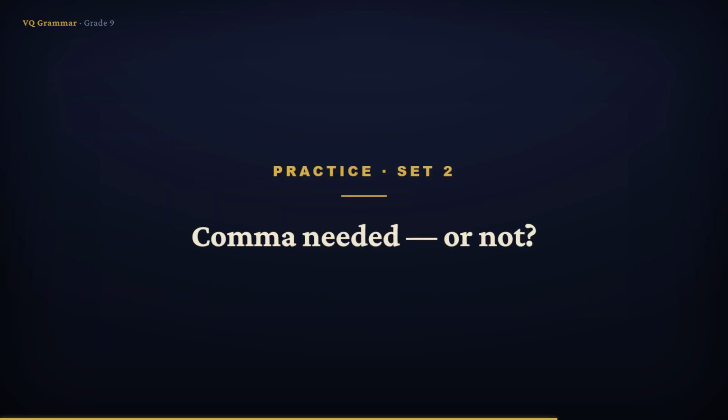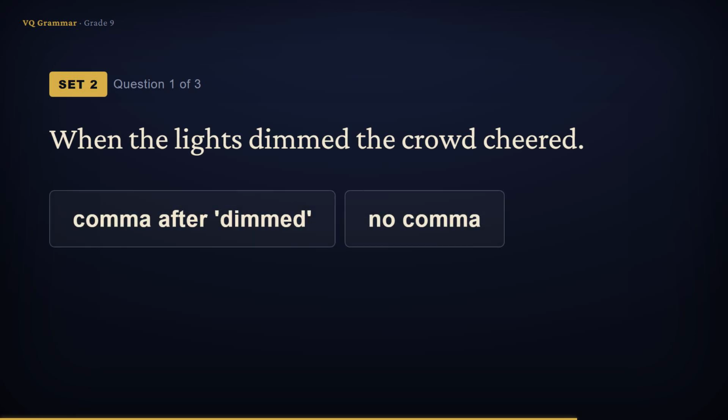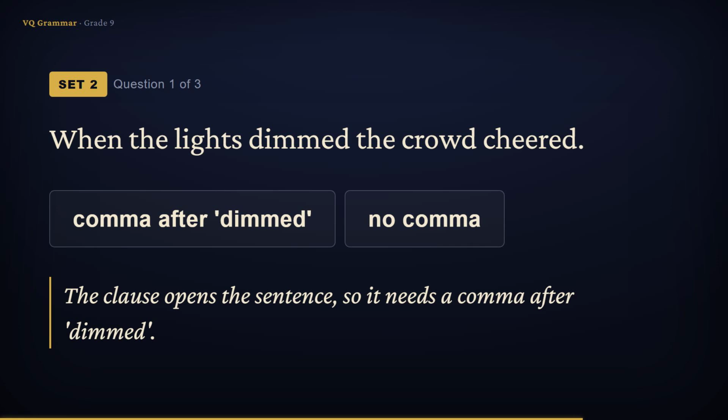This second set is all about the comma rule and one tricky elliptical clause. Read where each adverb clause sits and decide what the punctuation should be. Pause and try each before I answer. When the lights dimmed, the crowd cheered. The adverb clause, when the lights dimmed, opens the sentence. It comes first.